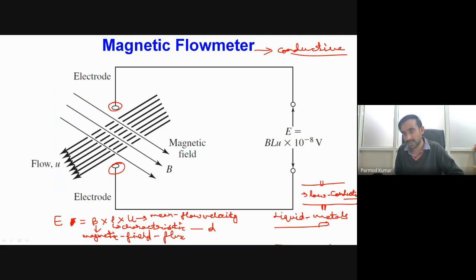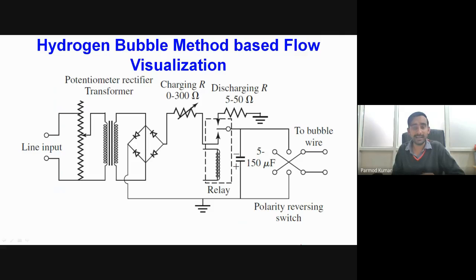Rather, the pipe wall itself can be considered as the electrode, and we can simply connect wires to this pipe wall in order to take our output signal. The only limitation of magnetic flow meters is that they only work if our medium is conductive.